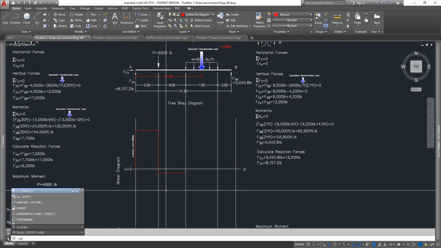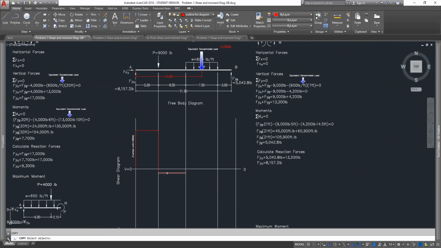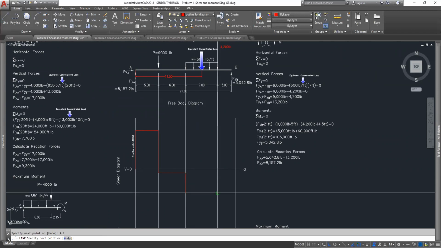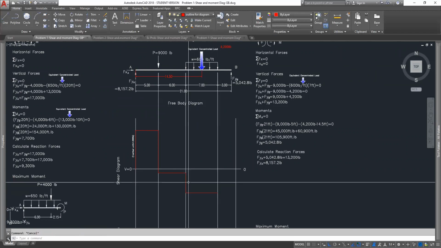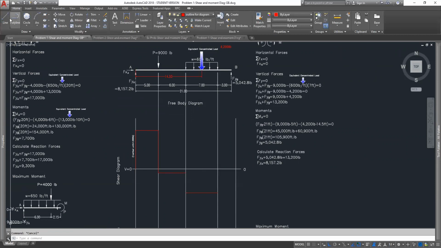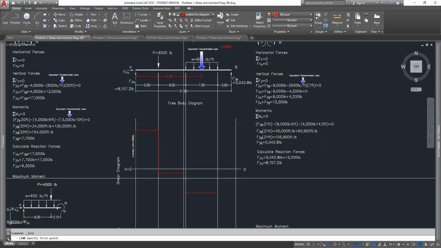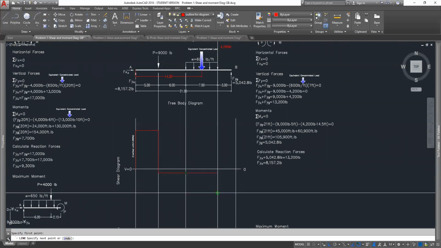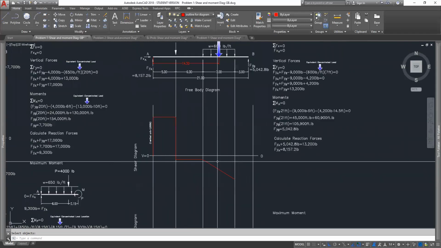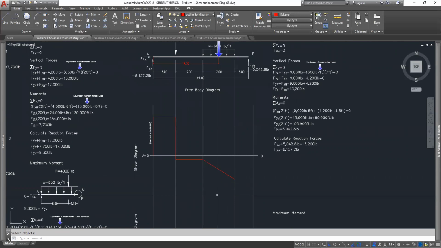Hold on. I can do this a bunch of different ways if you want to. I can also just do a line down here at 4.2 and carry it over to here. Delete this line right in here. And now what I have is my start and end point of my diagonal line, because it's a distributed load right there. Everyone understand what I just did?